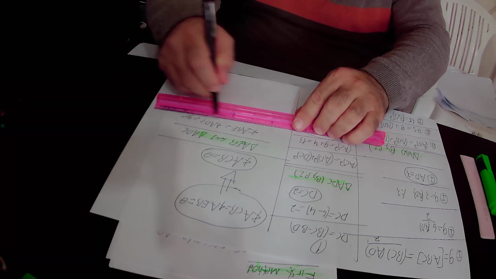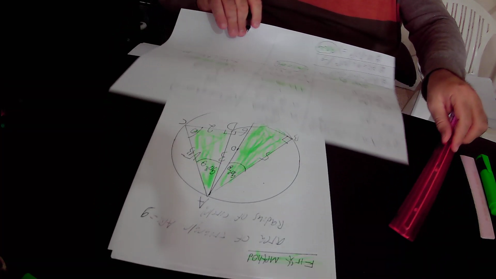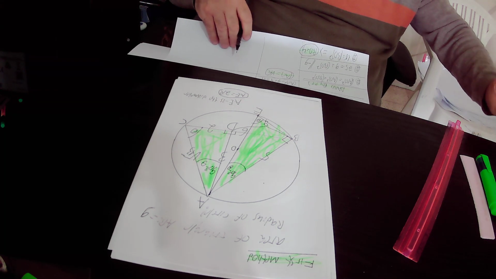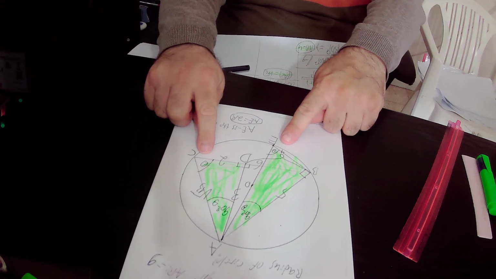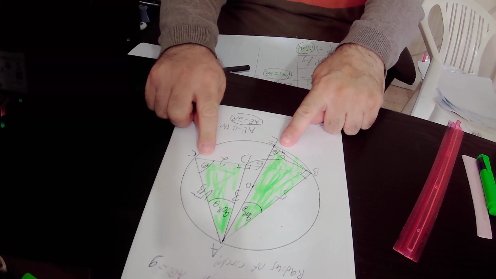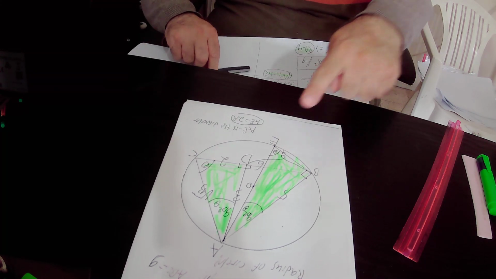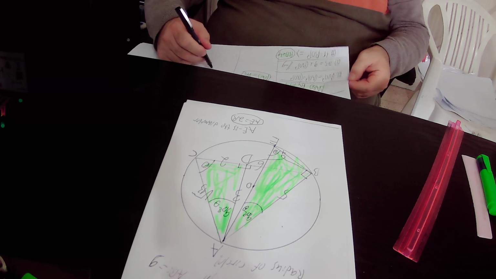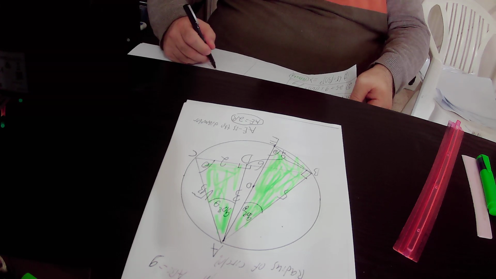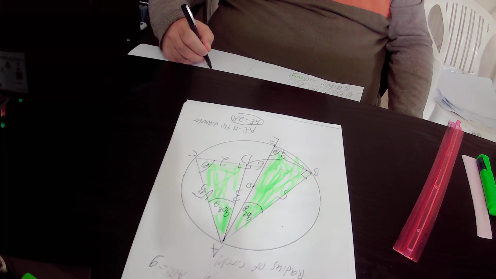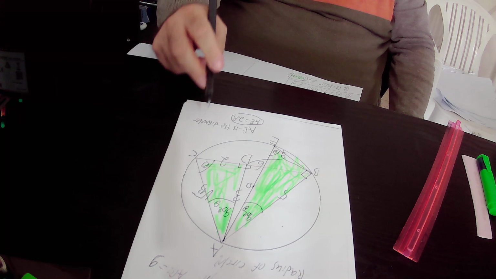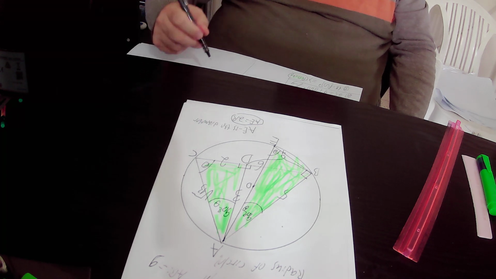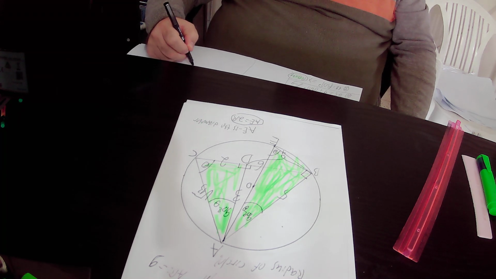In addition, those two angles are both equal to theta, therefore they are equal to each other. So angle AEB equals angle ACD, and they are both equal to theta.